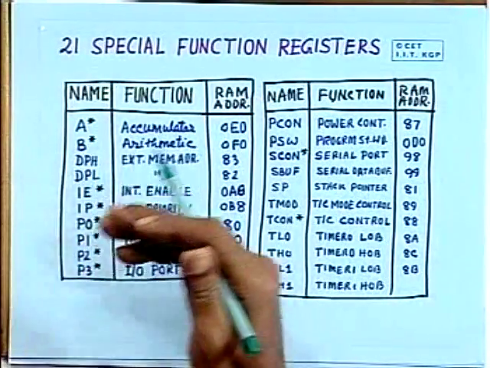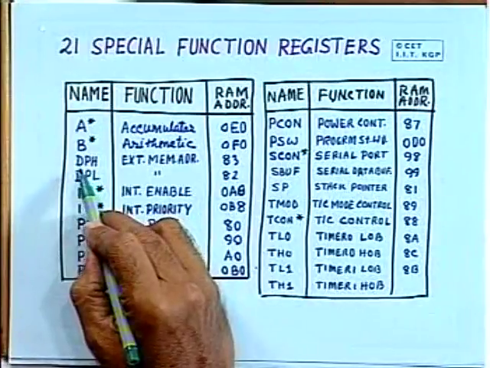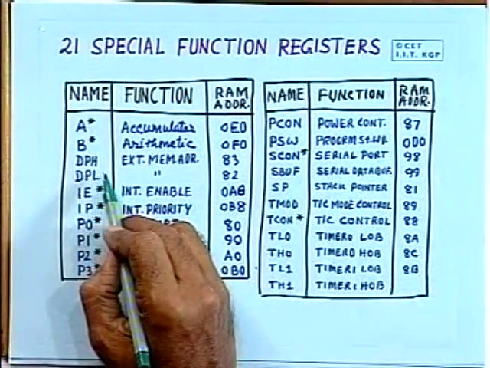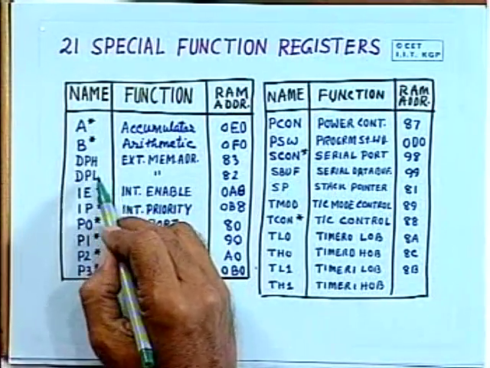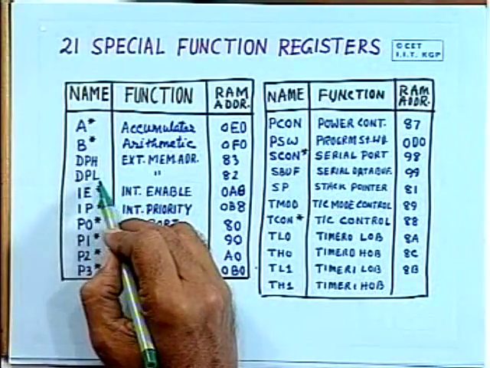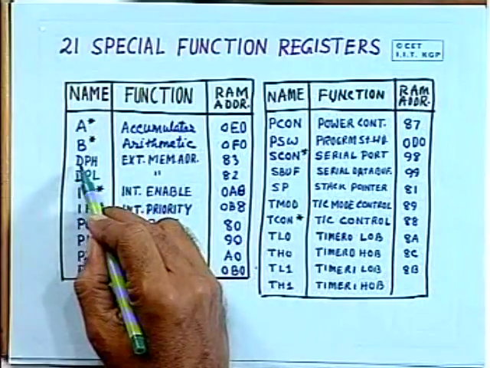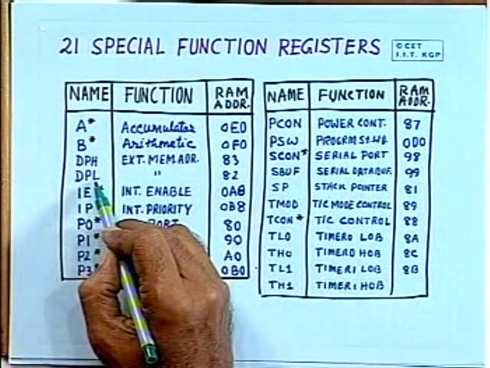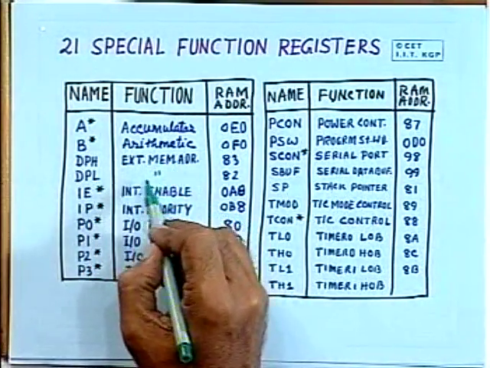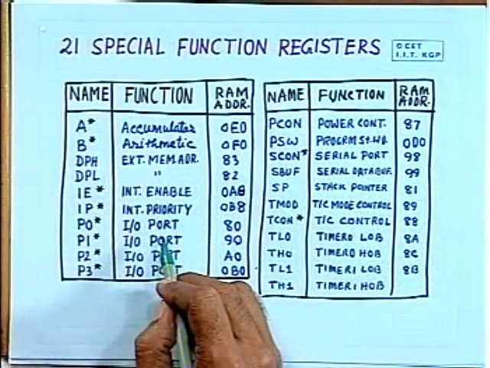Otherwise, this can be used as a general purpose scratchpad register. Then you have got DPH, the data pointer. Data pointer has got 16 bits. However, it is available as 2 bytes, data pointer high and data pointer low. This is used for accessing external memory addresses.